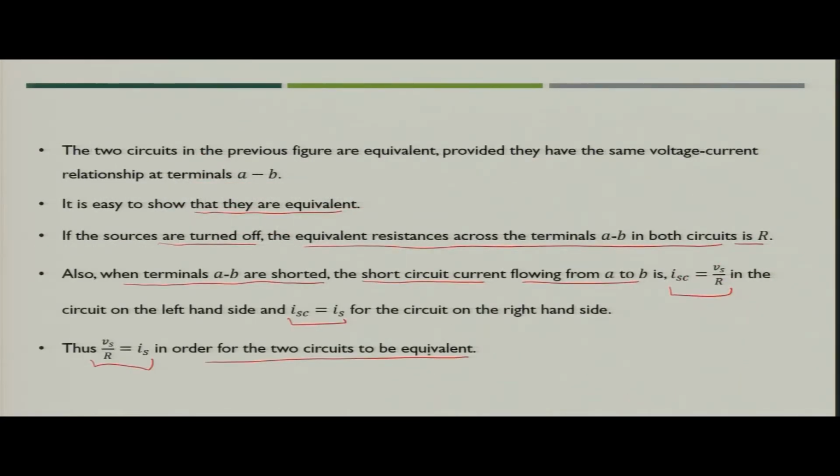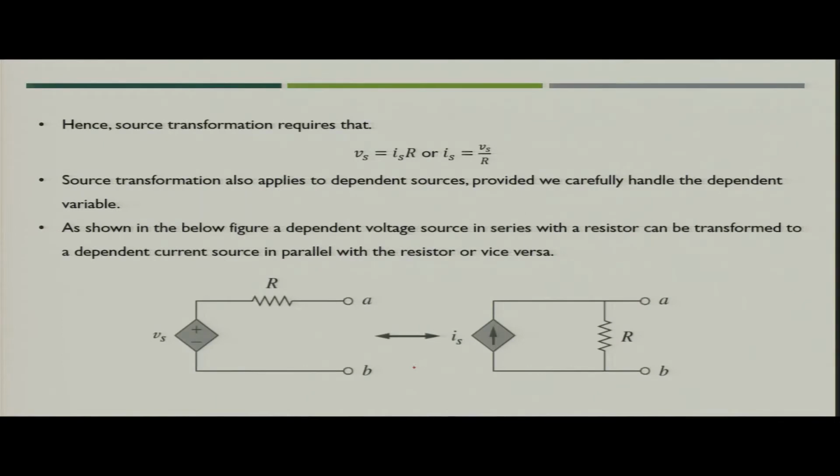So, now we have established the relationship between voltage source and current source in both of the equivalent circuits. So, we can summarize that the relationship between the voltage sources and current sources would be Vs is equal to Is into R, or Is is equal to Vs by R when we have to go for source transformation.